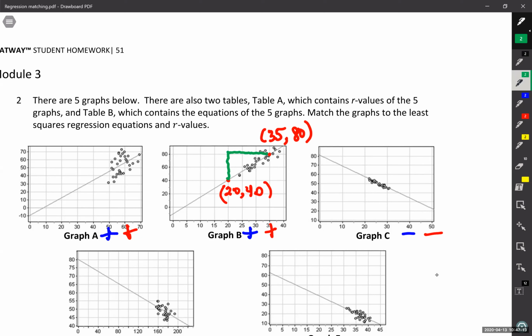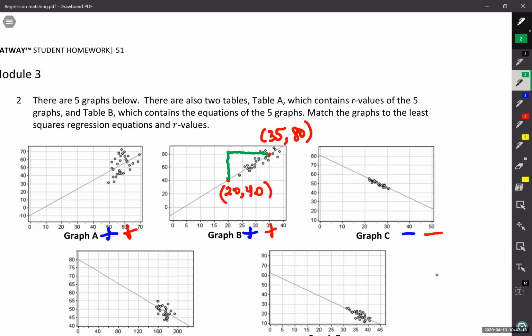So I look at my 2 choices from table B, and I say which slope is closer to a little over 2, and that would be this first equation right there, because this slope is 2 and this slope is 1.1, and so 2 is closer to my estimate of 2.6.